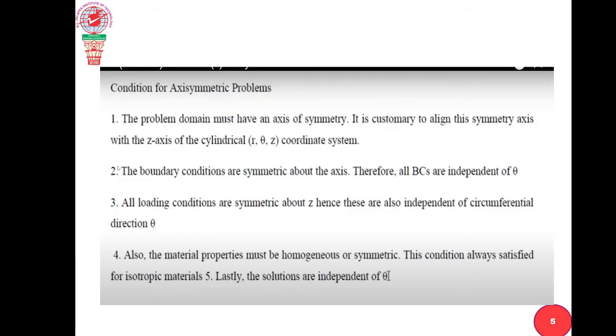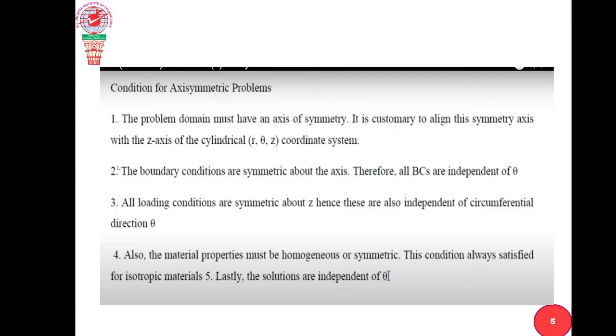Only then will we treat it as axisymmetric elements. Examples: turbines, rotors, pressure vessels, which usually have a rotary nature, we treat as axisymmetric problems.